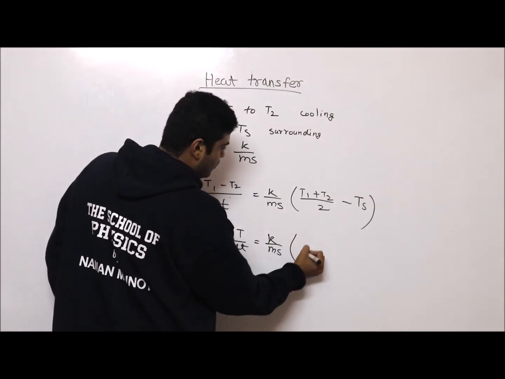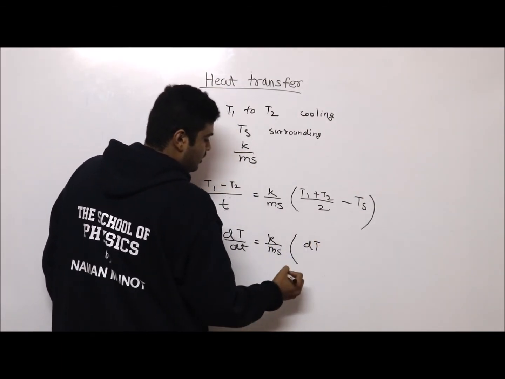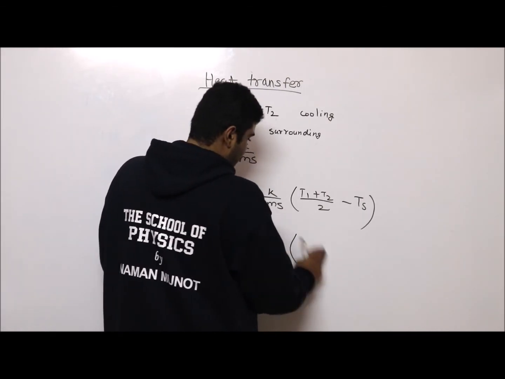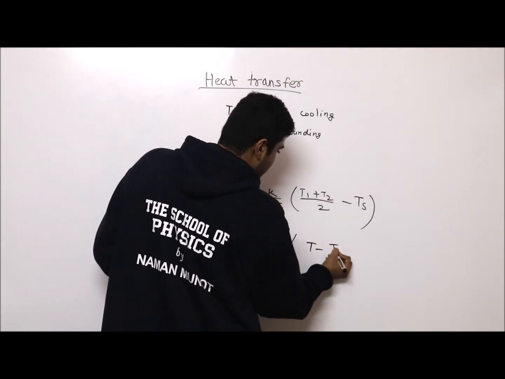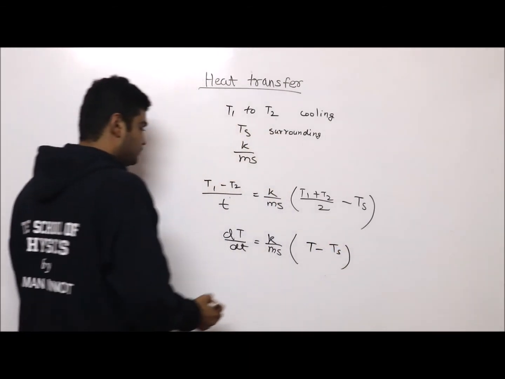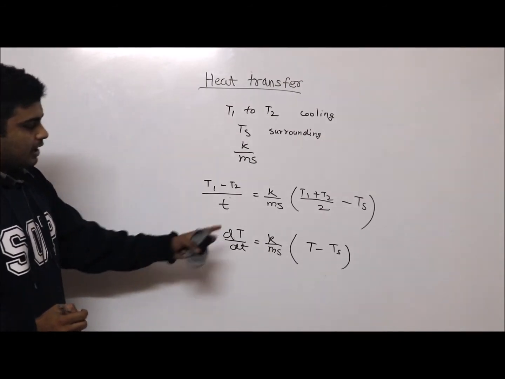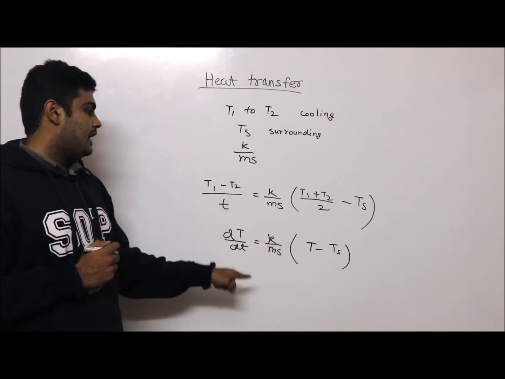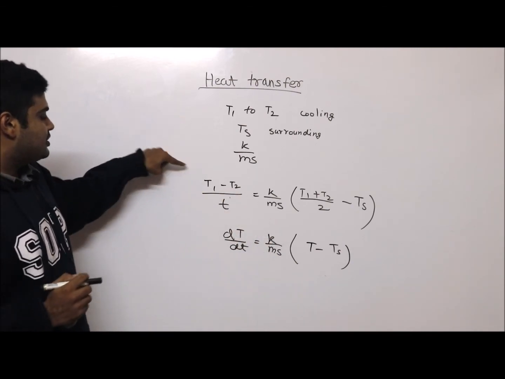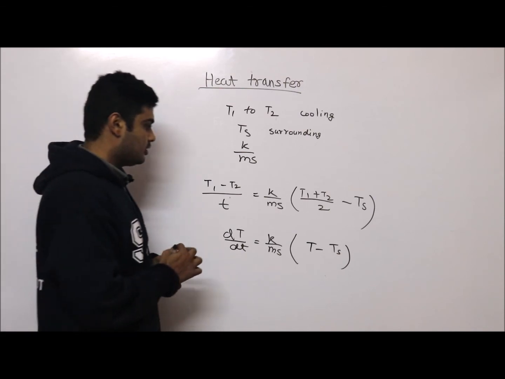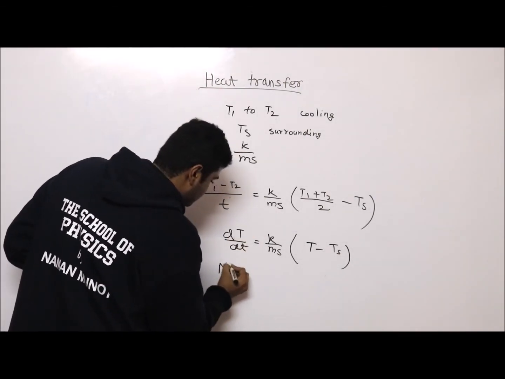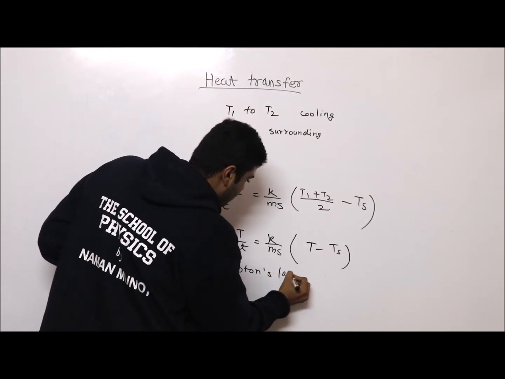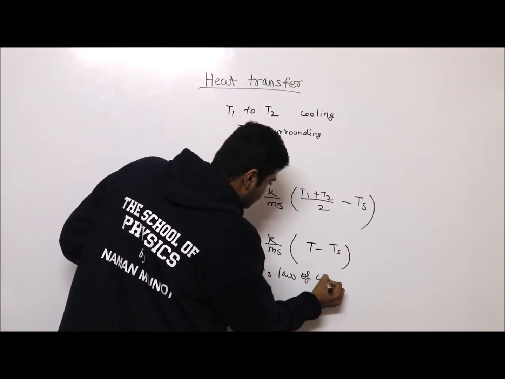So dT by dt is equal to K by ms times T minus the temperature of the surrounding. This is for any absolute value, and the earlier one is for cooling from temperature T1 to T2. So this is Newton's law of cooling.